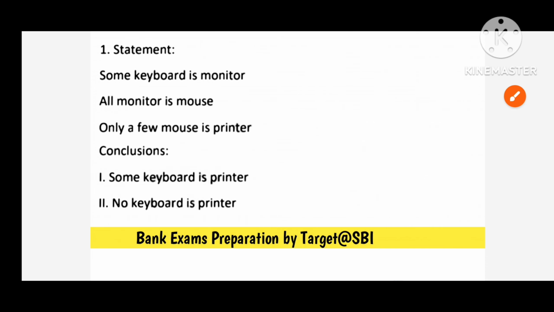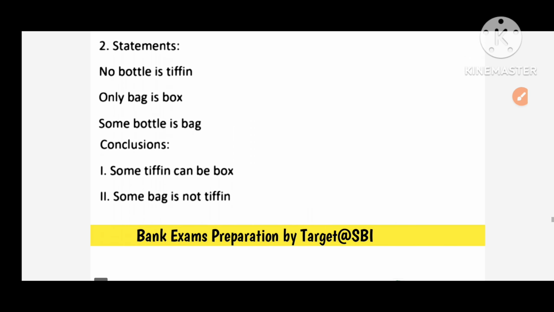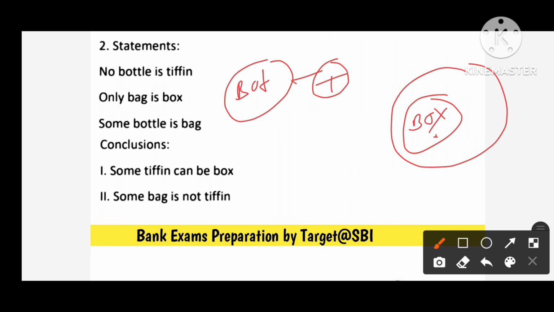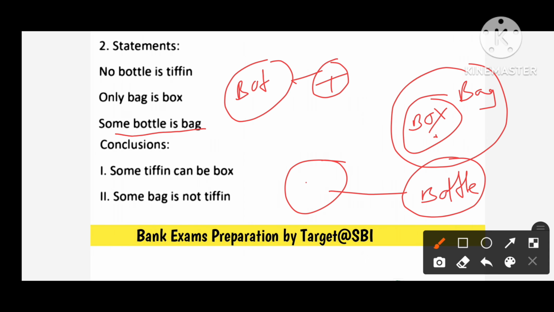Okay, next we are moving to question number 2. No bottle is tiffin. Only bag is box. So box doesn't share with anything except bag. Some bottles is bag. And no bottle is a tiffin.